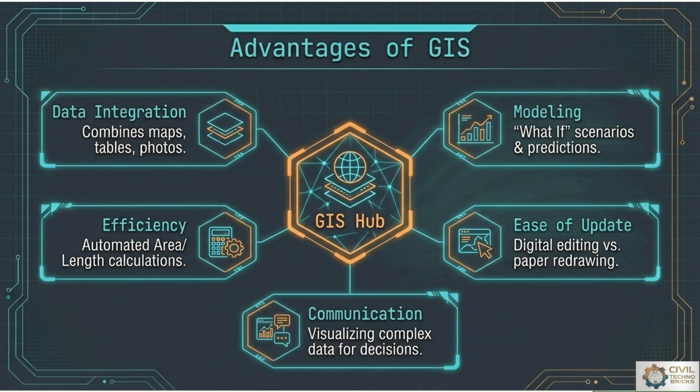GIS supports what-if scenario modeling and predictions for transportation, urban growth, flood risk and environmental management. Digital GIS can also be edited and updated easily, unlike manual paper map redrawing, ensuring accurate project information.